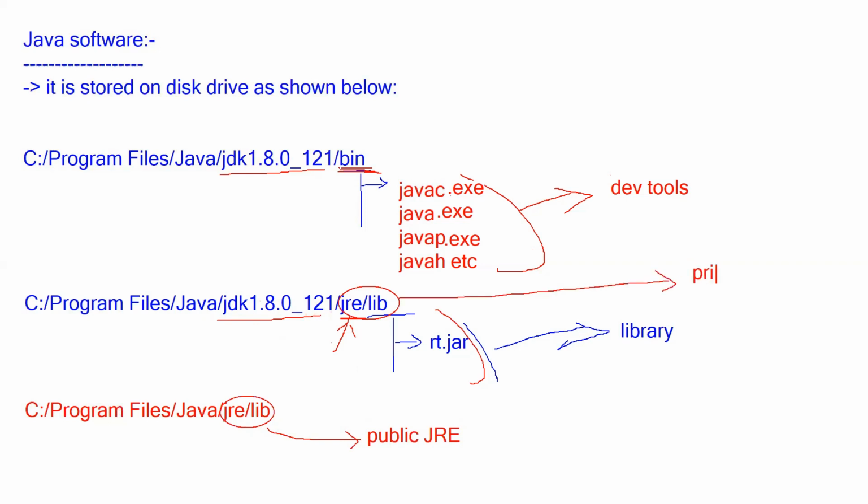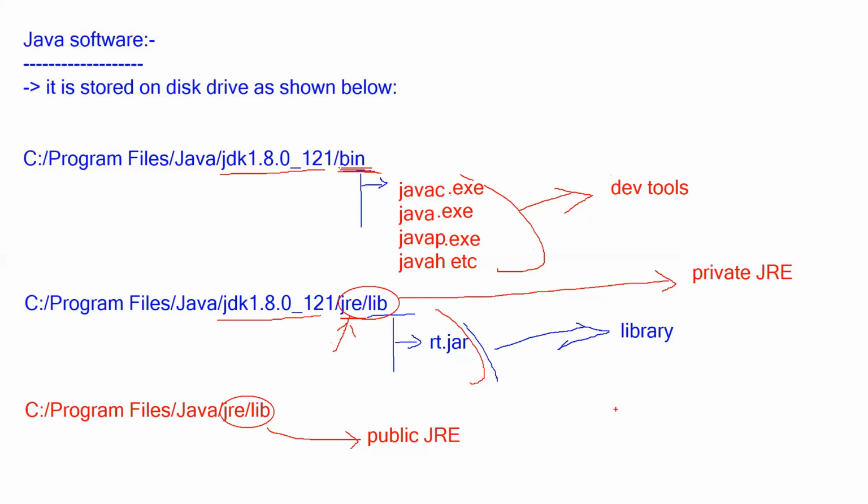Here I'm considering only the JDK 1.8 installation mode, and all the previous versions were installed in this way only. But from 1.9 onwards, the installation is a little different. However, these tools and JRE will be used in a similar way during application development.